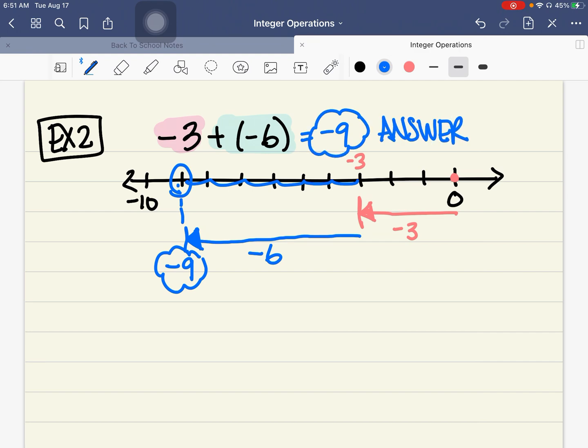So what happens when they have the same sign? When they have the same sign, when they're both negatives, look at how there's no overlapping. We just had a negative to here, and then we started from this end point and we went here. No overlapping arrows. Arrows don't overlap.